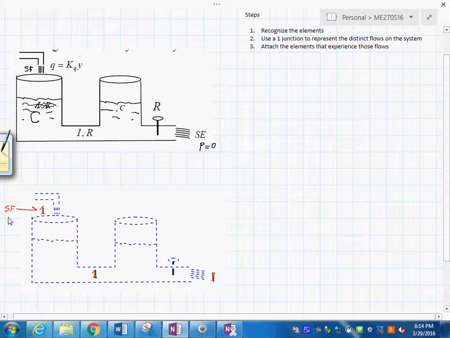The other one over here on the right hand side, this one is a special one, because this is a source of effort. The discharge is going to be by the variable E. In this case, the pressure is going to be equal to 0, but we represent it like this, see?